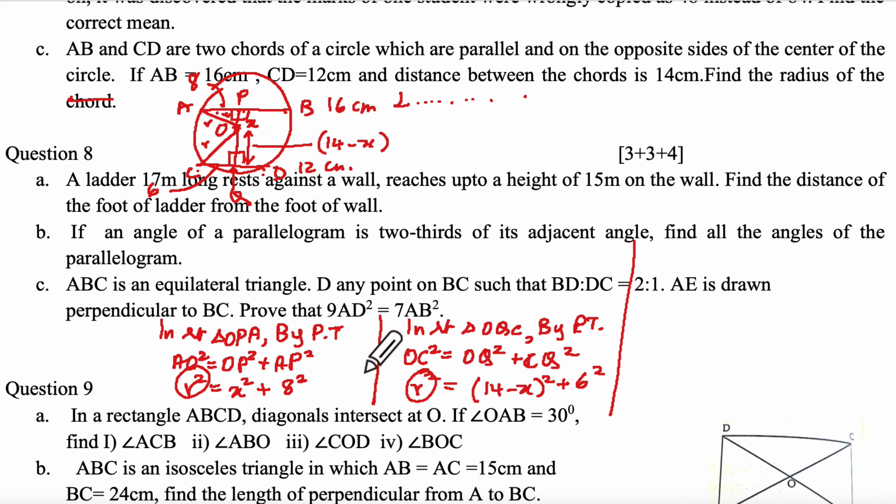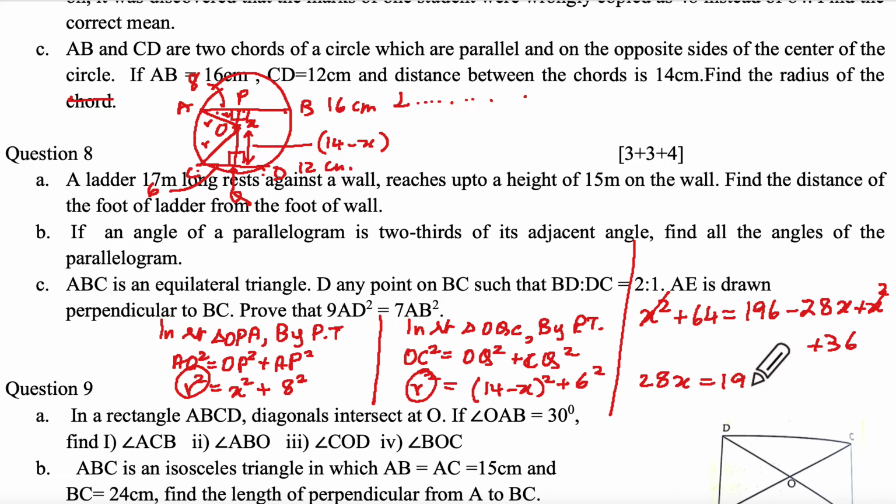Or you can say that substitute this over here. So you will have x squared plus 64 equal to, what is this? 196 minus 28x plus x squared plus 36. Agreed? What got cancelled? 28x came here.